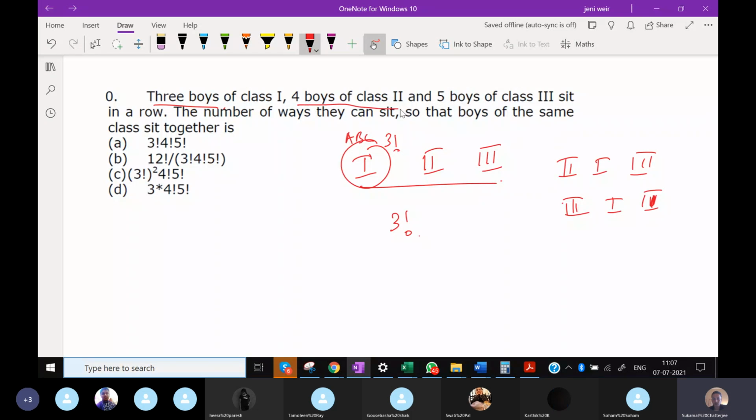Similarly, there are 4 boys in group 2, so they can be arranged in factorial 4 ways. 5 boys in group 3, they can be arranged in factorial 5 ways. So that means the overall number of all possible arrangements is factorial 3 into factorial 3 into factorial 4 into factorial 5, which is option C.